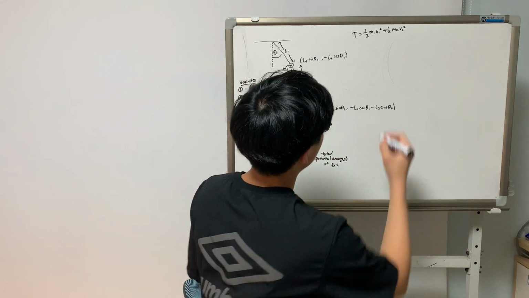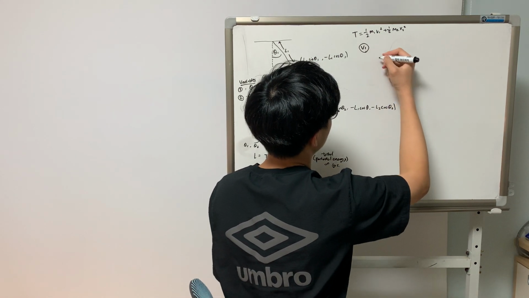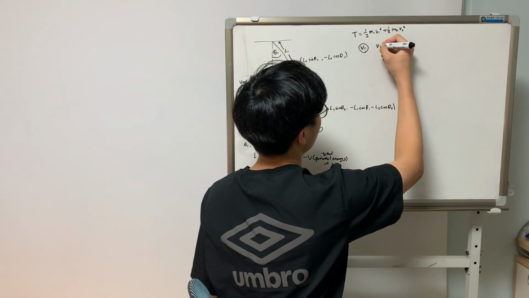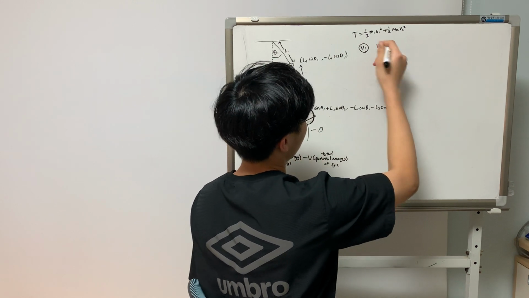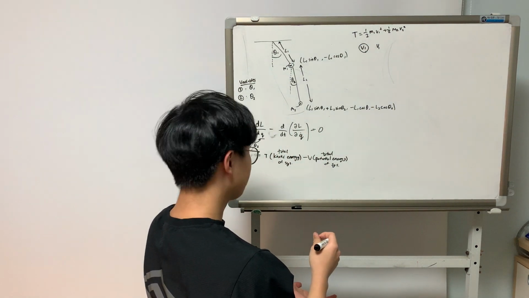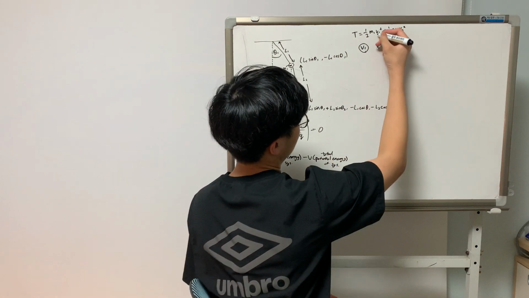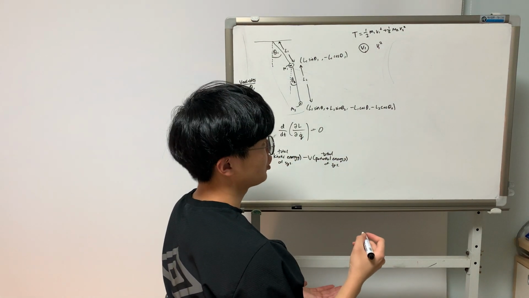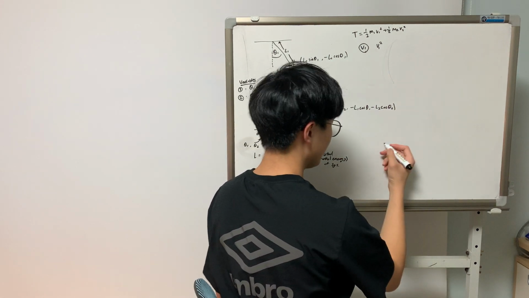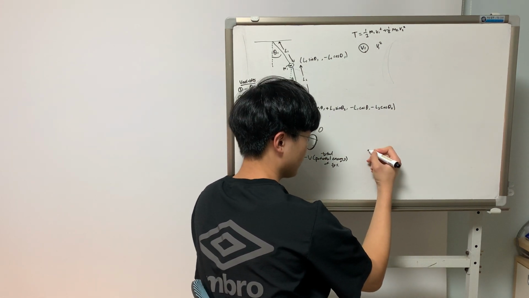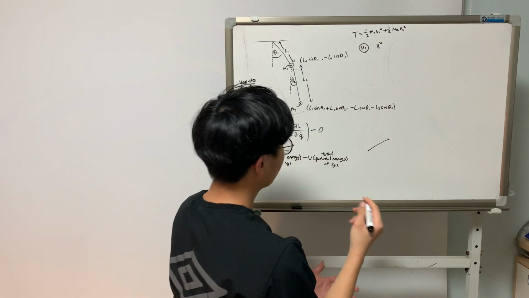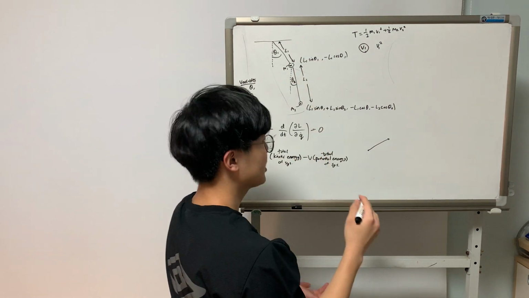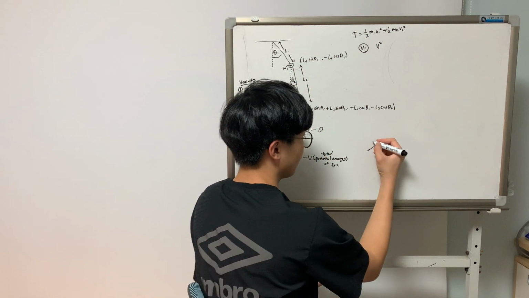So first of all, what is v1? We're going to have to find what v1 is. But notice that because it's given as v1 squared, finding v1 squared is going to be much easier. Look at this diagram over here. Let's say this ball here at any point has a velocity of v1.